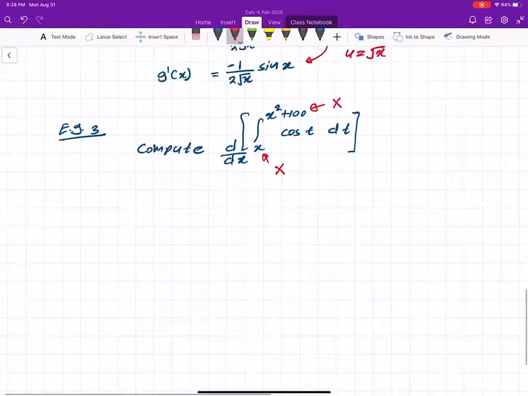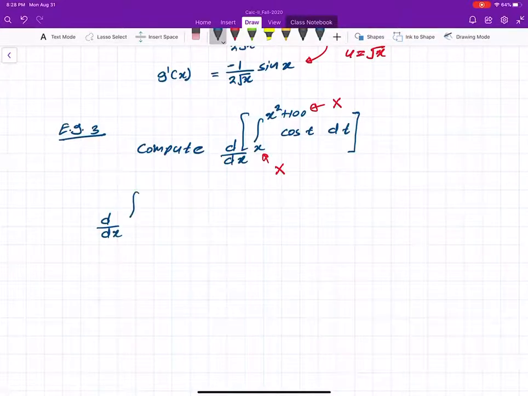Okay, first of all, I'm going to rewrite the problem. This is what is given to you: x to x squared plus 100, then cos t dt.